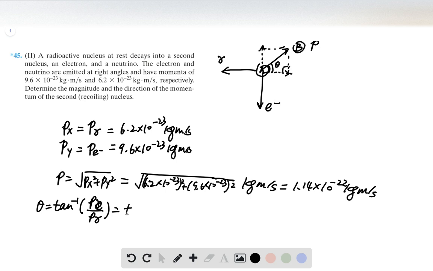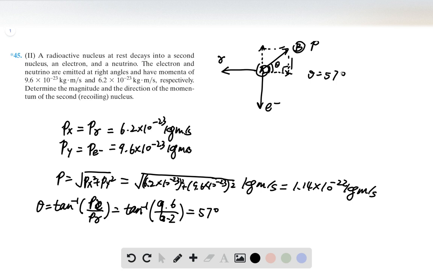So this is arctangent of 9.6 over 6.2. I am ignoring the 10 to the negative 23 kilogram meters per second because it's the same in the denominator and the numerator. This gives us an angle of 57 degrees. So theta equals 57 degrees.